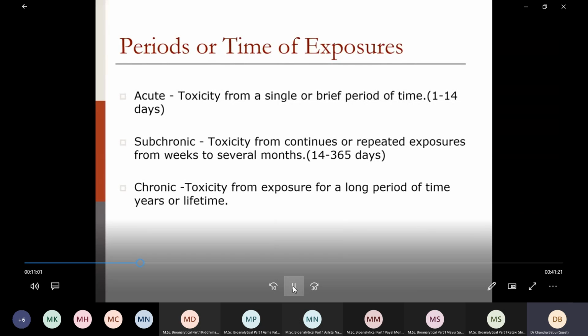But chronic, in general, is considered a very long period of time, or years, or lifetime. These are relative concepts, but they have to be well defined in any study. So when you go to the literature, be sure that the toxicity is also defined by a period of time.